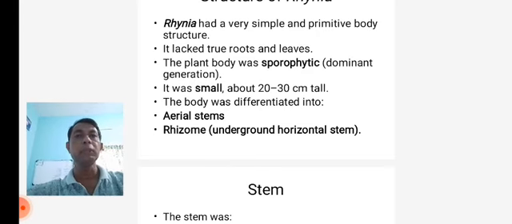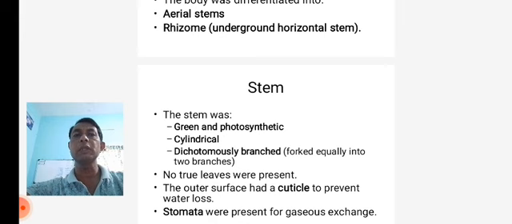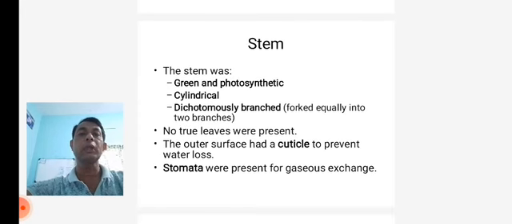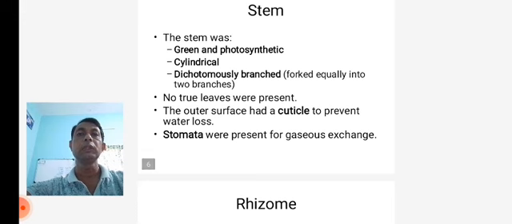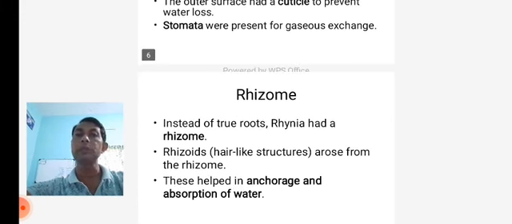The body was differentiated into an aerial stem and a rhizome, which is the underground structure. The stem is green, photosynthetic, cylindrical and dichotomously branched, forming two forks with equal branches. It also has a cuticle, and stomata are present on the stem.